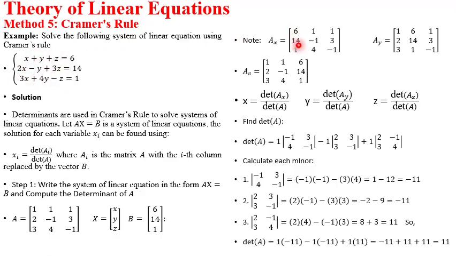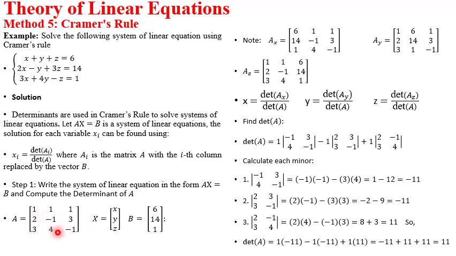So you see, only the elements represented by the coefficients of X were replaced by the constant values in AX, and for AY, only the elements that represent the coefficients of Y have been replaced by the constant values.